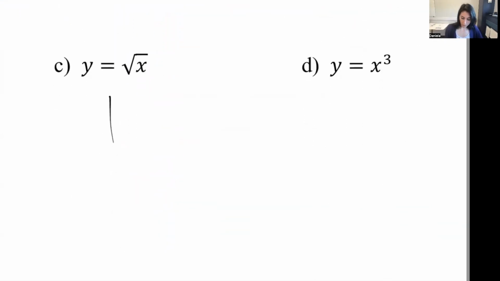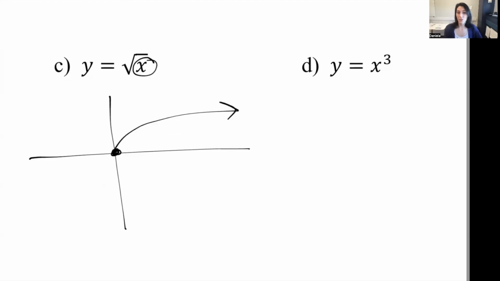So for the square root, it makes sense that the domain, so everything underneath the square root, has to be positive. Otherwise, if you have a negative under the square root, then it becomes imaginary. So actually the domain and the range, the y values, are all quadrant 1 values.